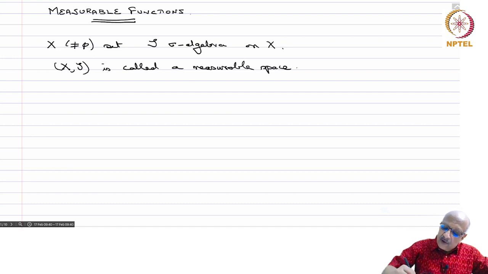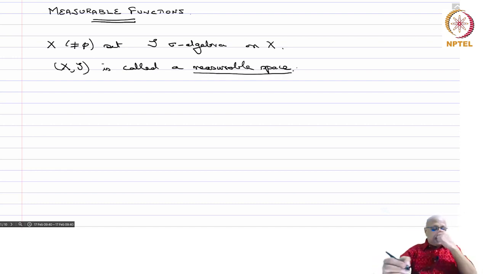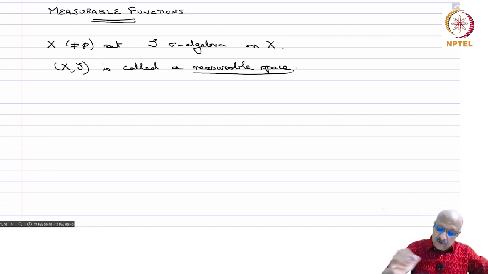That means it has all the structure necessary to define a measure. So it has a non-empty set and you have a sigma algebra, and so if possible one can define a measure on it.